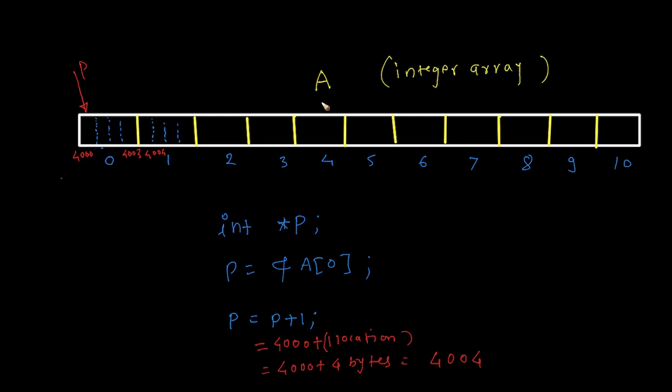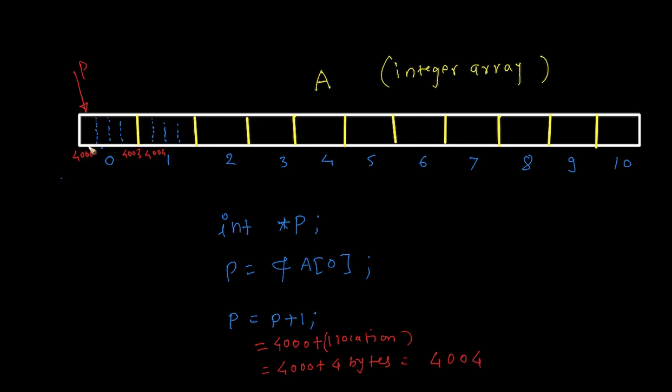Let's say A is an array of integers, right? In one location we can store one integer. What should be the size of that location? 4 bytes, because in order to store one integer we need 4 bytes. So the size of one location of the array is 4 bytes. Every location is of 4 bytes.